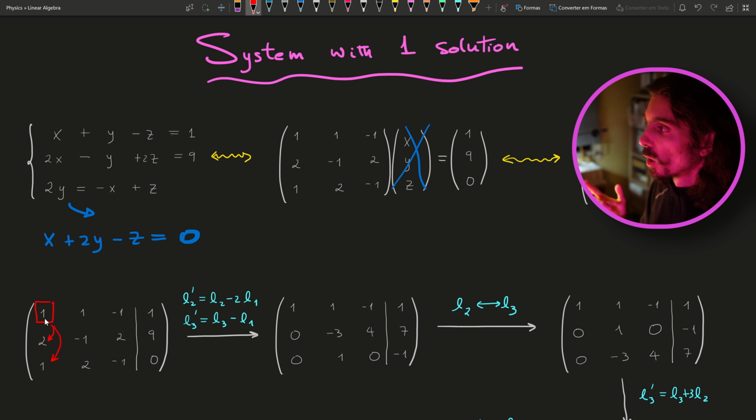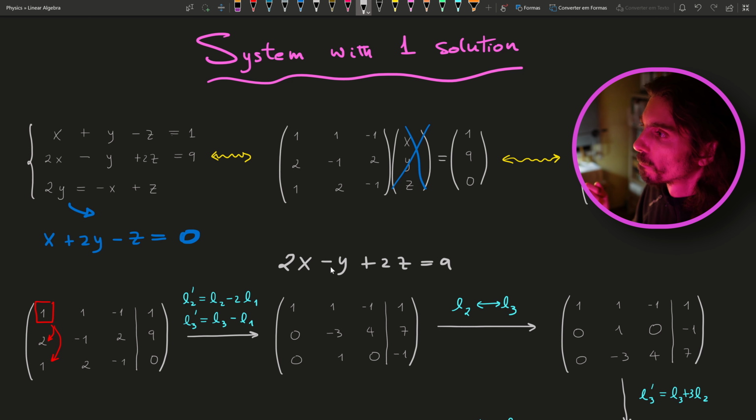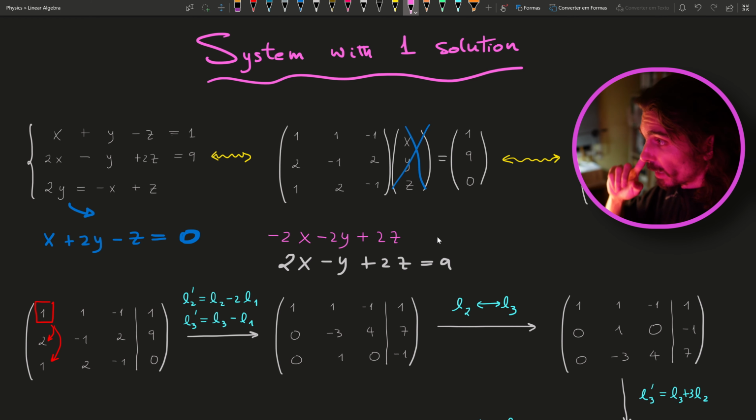In doing that, well, let me write it. If I write it, you can see it. So the second equation is 2x minus y plus 2z is equal to 9. But now on top of this, I'm going to add minus 2x minus 2y plus 2z, and on the right side, I'm going to add minus 2.